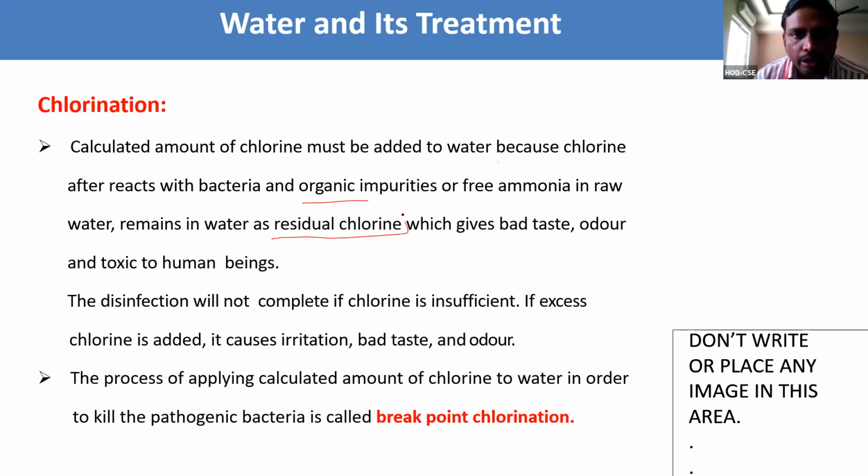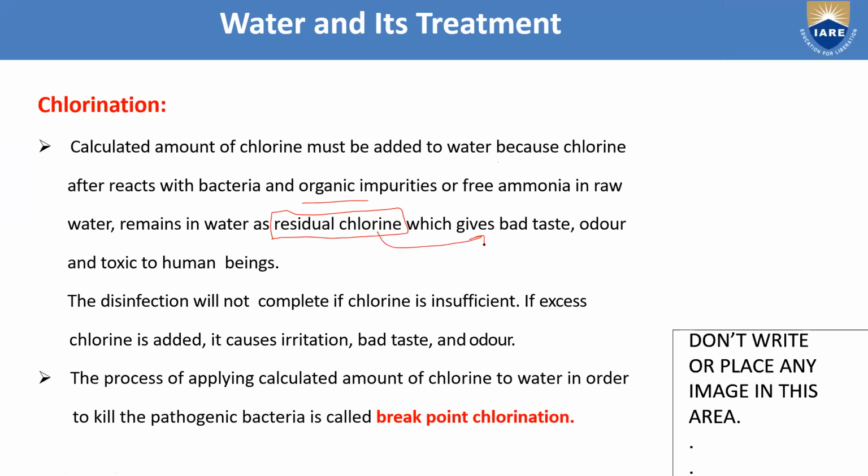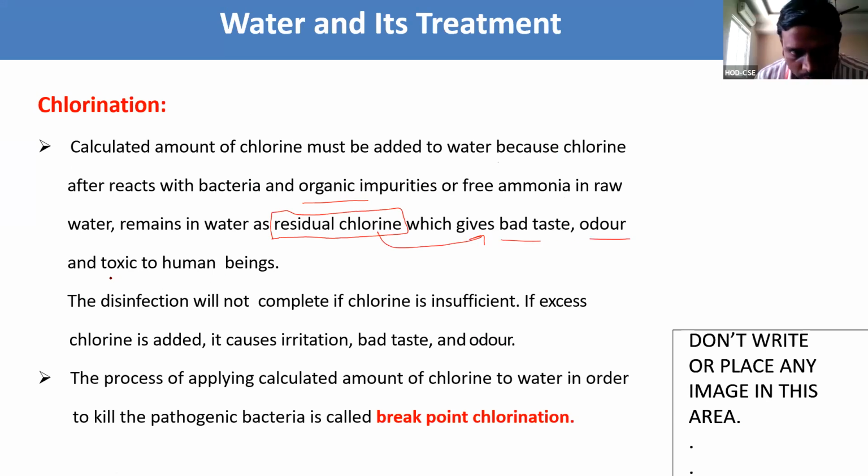This residual chlorine is again harmful. It gives a bad taste, odor, and is toxic to human beings. So we need to use the calculated amount of chlorine only. If you use excess, it creates bad taste, odor, and toxicity to human beings.